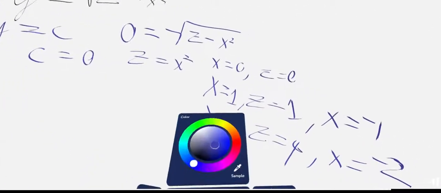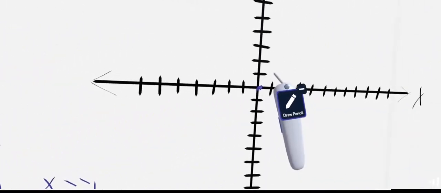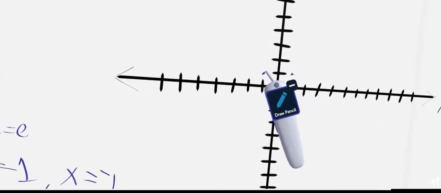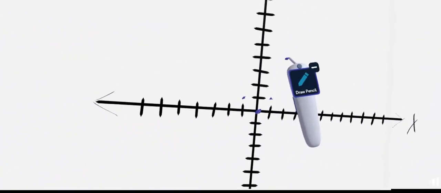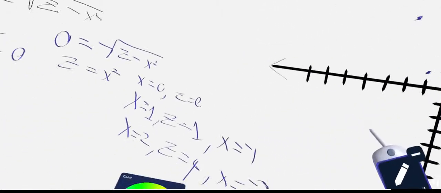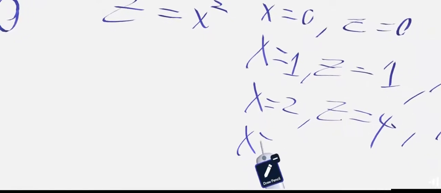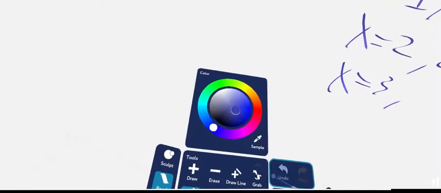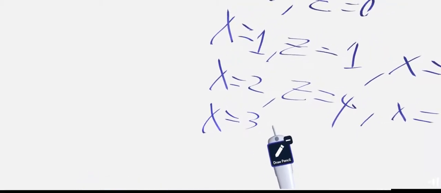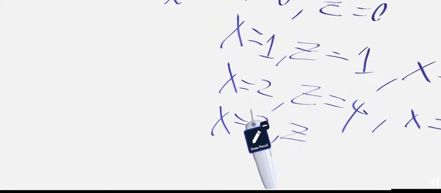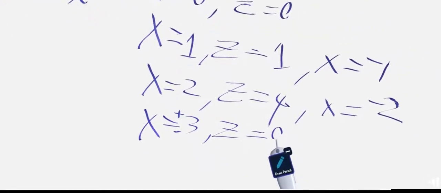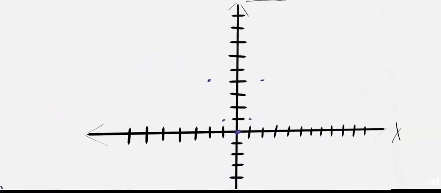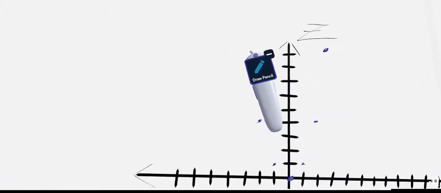Likewise over here, we have x equals 1, z equals 1. The same on the negative side. x equals 2, z equals 4, and the same on the negative side. Say x equals 3. Then z, we could just write plus and minus here, z will equal 9. So 3 and 9.